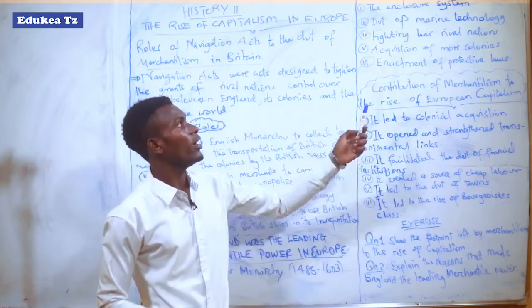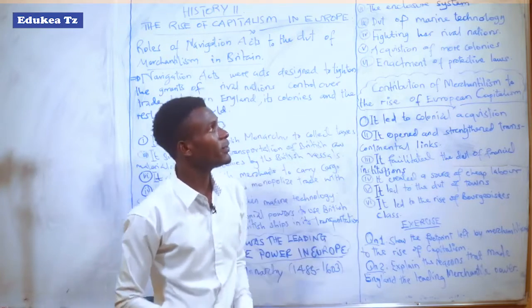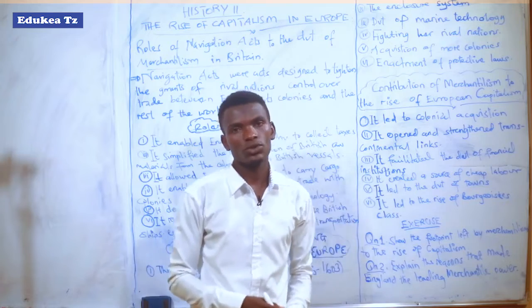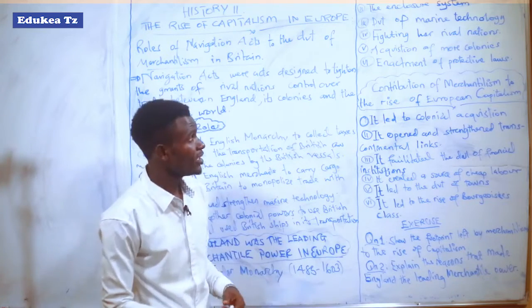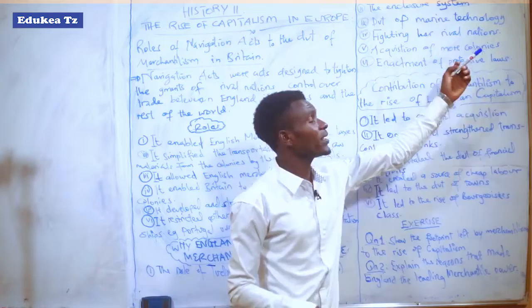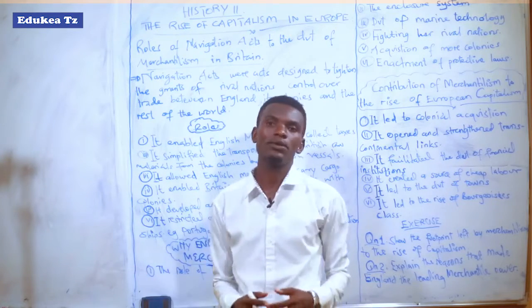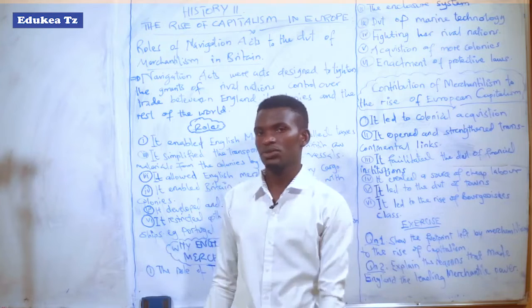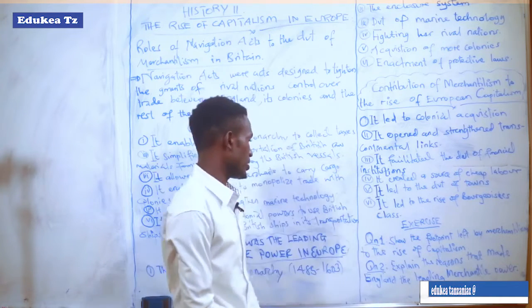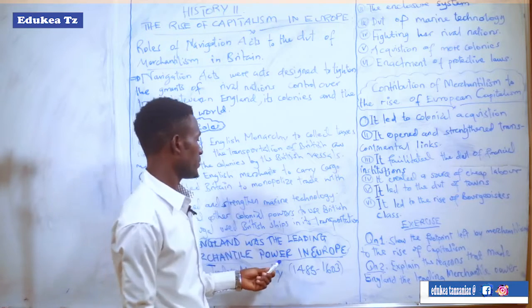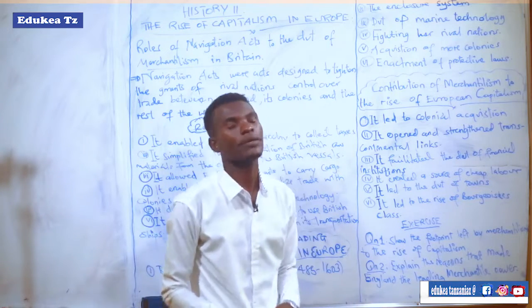So there were various wars waged by England to fight rival nations, to ensure that their merchants practiced their trading activities freely without any disturbance from rival nations. So you can see what made England the leading mercantile power in Europe by that time.